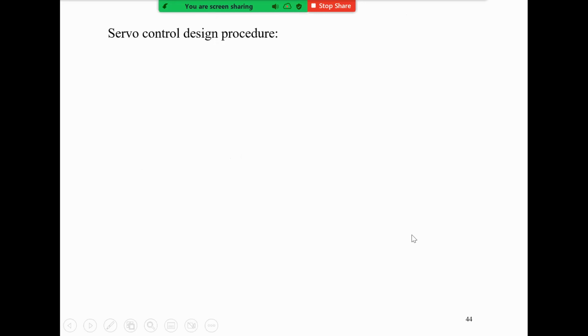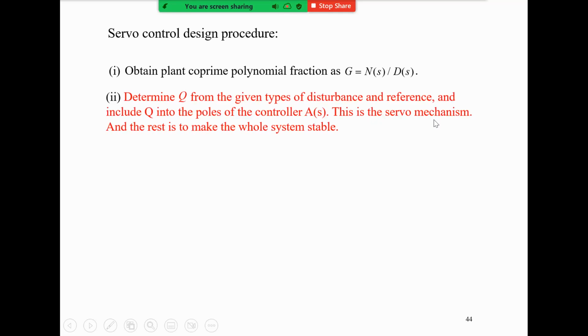Now, let's summarize the servo control design procedure. First, of course, you know the transfer function of the plant. Second, you need to know the type of the disturbance and the reference. Then, because Q is the least common denominator of the unstable factors of the disturbance and the reference, you have to design Q. Then you include Q into the poles of the controller.